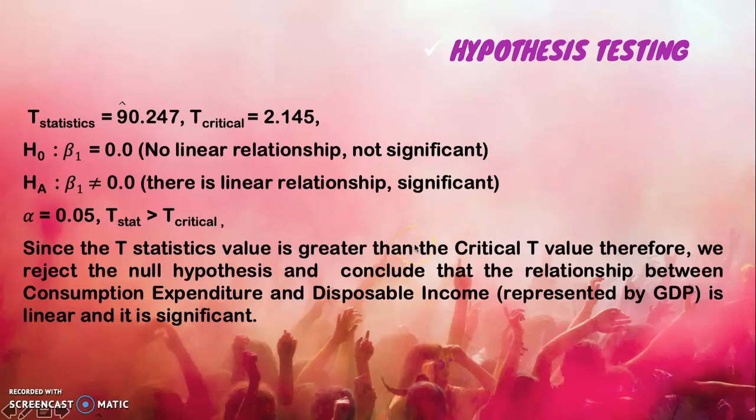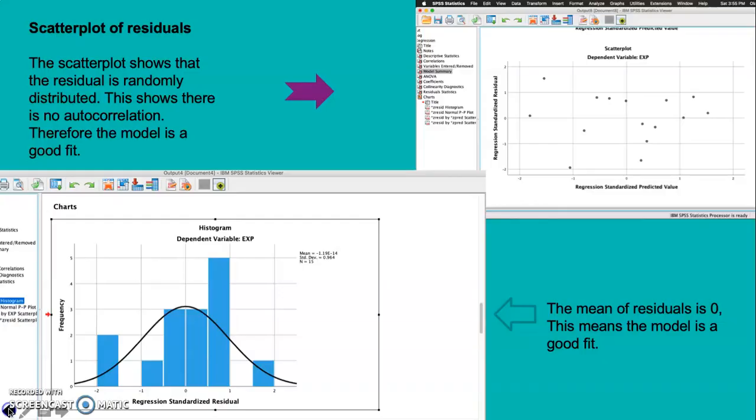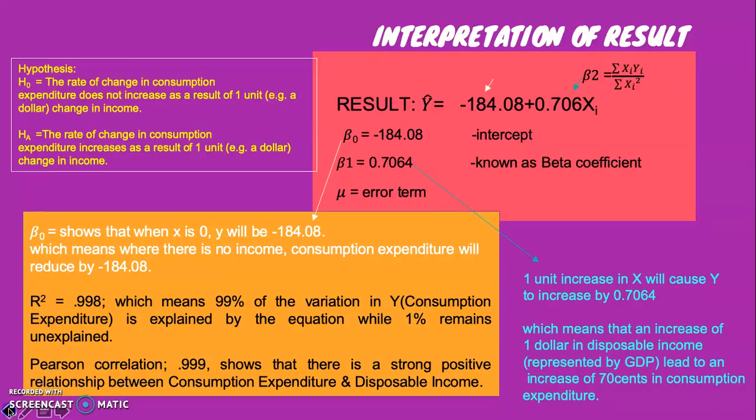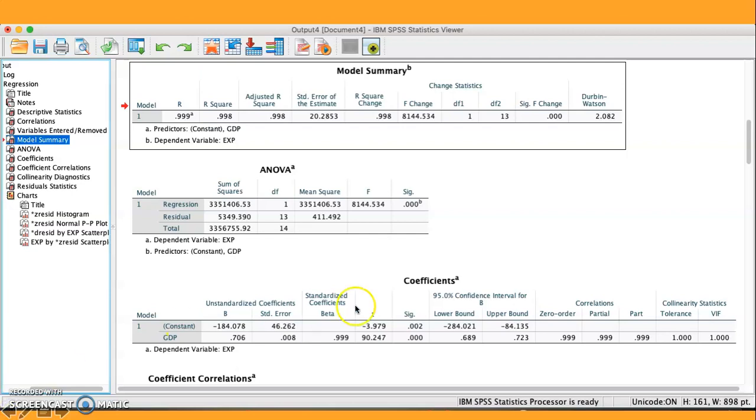Now we are at the stage of hypothesis testing. How do you know if the relationship between your variables is significant? And how do you know which hypothesis to reject and which hypothesis to accept? You can simply do that by checking the significance value within your coefficients table.